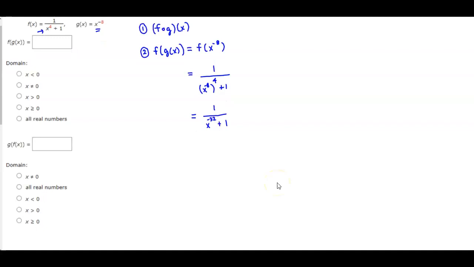But now if we want to find the domain of this function, we need to look at the denominator here. That denominator that we have is 1, and then if we want to rewrite this without the negative exponent, this would be 1 over x to the 32, and then that's plus 1.